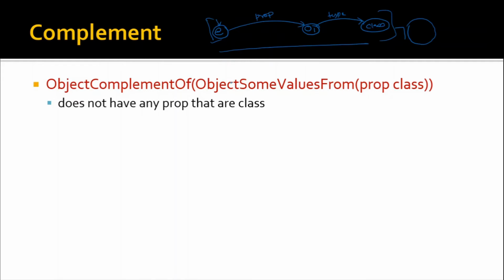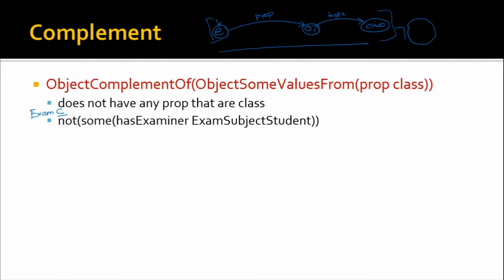So the kind of example that we can give for this particular construct is that exam is a subset of a class which is the complement of the class of entities that has at least one examiner who is an exam subject student, or a student who is appearing for the subject.